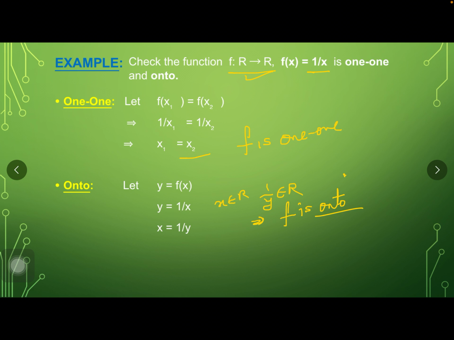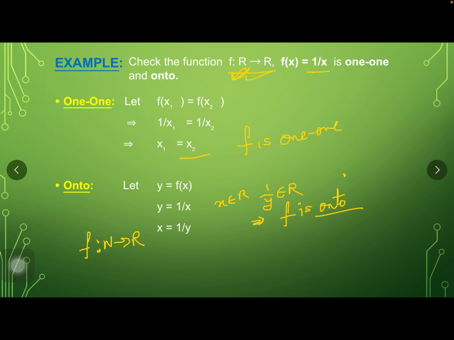So if 1/y belongs to our real numbers, we can say that our f is onto, right? Our f is onto.